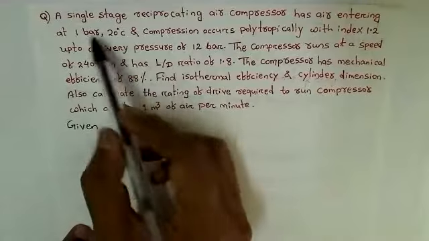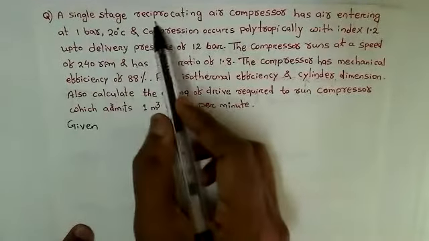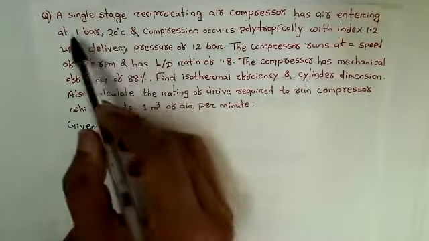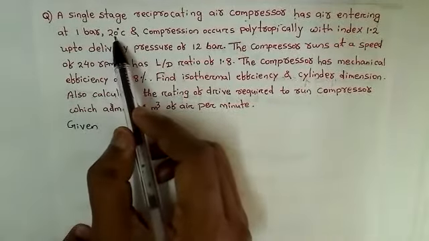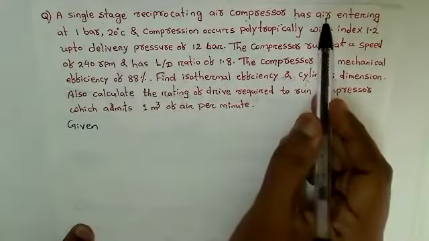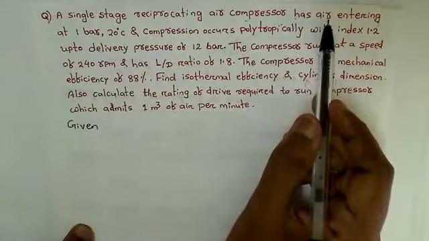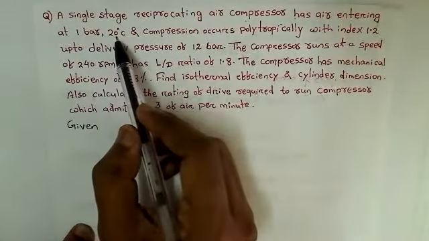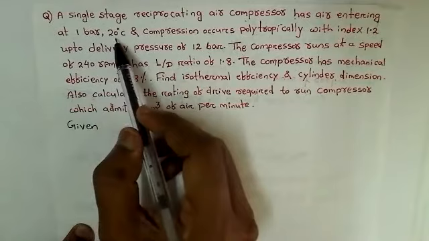what are the things given? A single stage reciprocating air compressor has air entering at 1 bar and 20 degrees Celsius. Means the entry pressure is 1 bar and the entry temperature is 20 degrees Celsius.